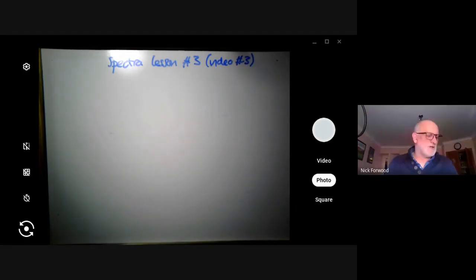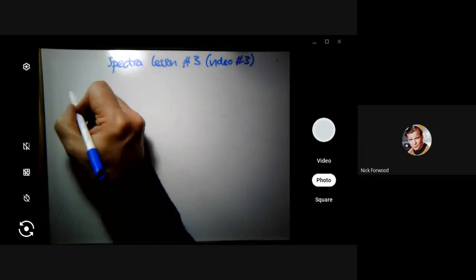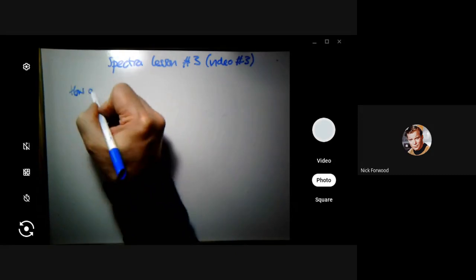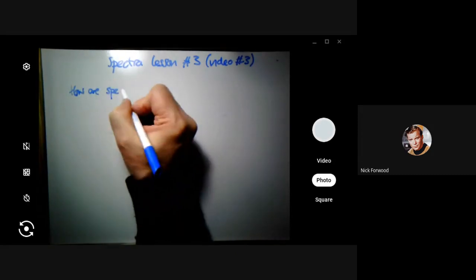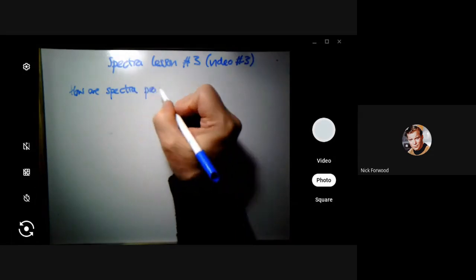If you don't want to watch me doing this, you can go straight to a YouTube video, and I've put in how do these get produced, and there's a very good short video about this. I'm going to take a little bit longer. So how are these produced? How are spectra, not what do they look like, which you'll need to know, but how are spectra actually produced?